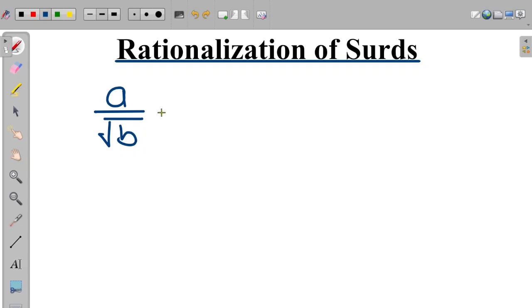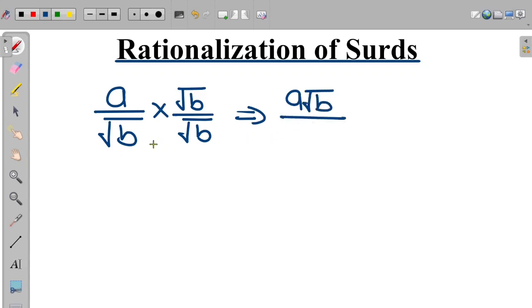Now, let us consider the expression given to us, a divided by root b, where b is a surd. To rationalize this particular expression, we are going to multiply the expression by the denominator, which is root b. So this is multiplied by root b divided by root b. This gives us a times root b, which is a root b, divided by root b times root b, which is root of b times b.